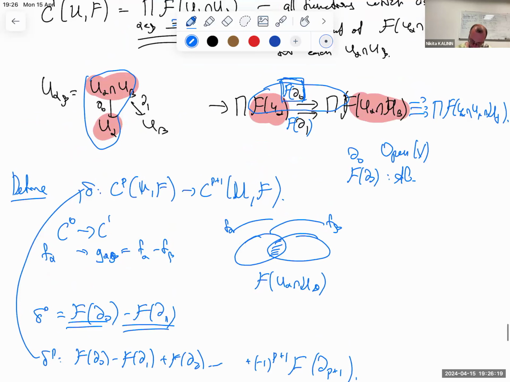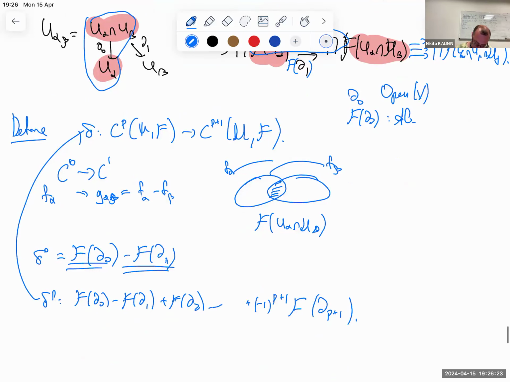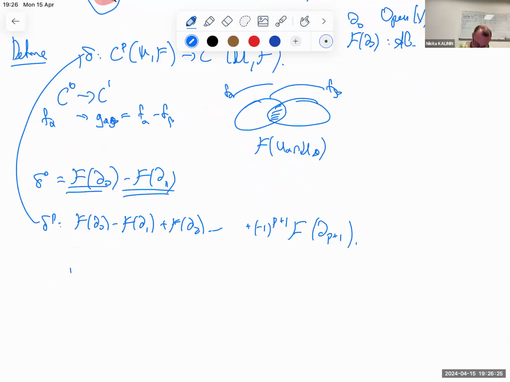Because what we have here, for example, all the deltas are from the product of f of u alpha 0, alpha 1, alpha p to the product of f of u alpha 0, alpha p plus 1, right?